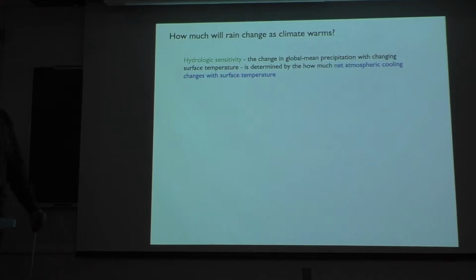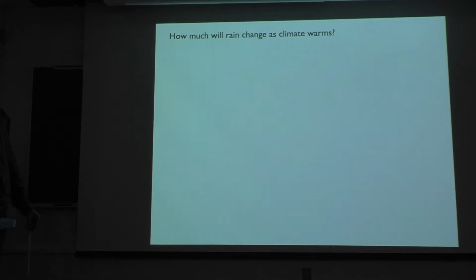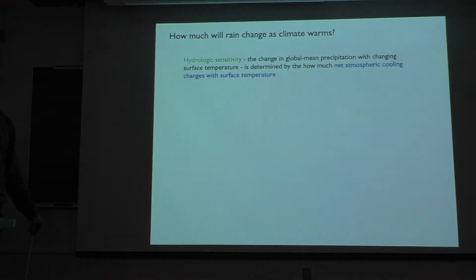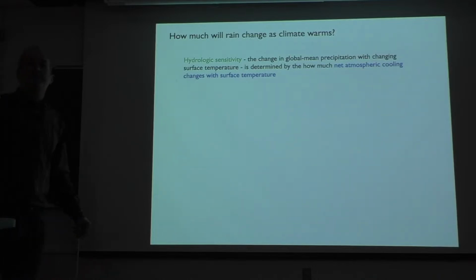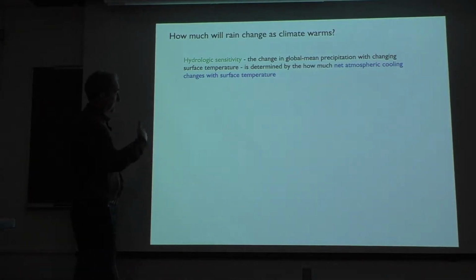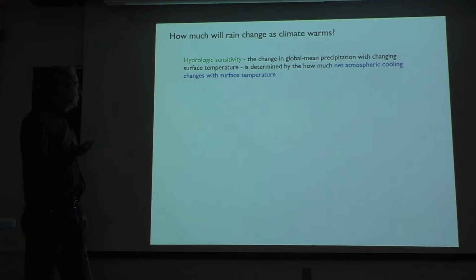How will they change? Well, this is the picture in the present day climate, and we think of this as being hydrologic sensitivity. So it's sort of the hydrologic analog to climate sensitivity. And the way that we typically express this is as the rate of change of precipitation per unit warming of the surface. So how much more rain will there be as the surface temperature increases?